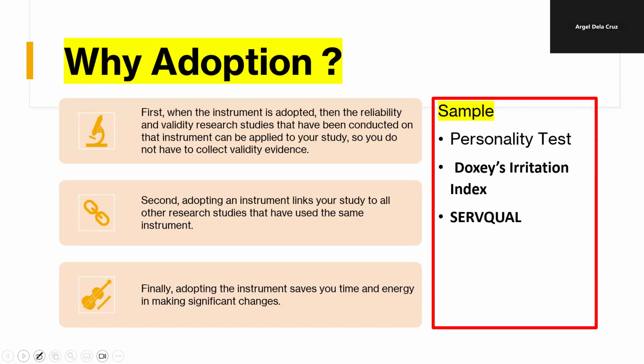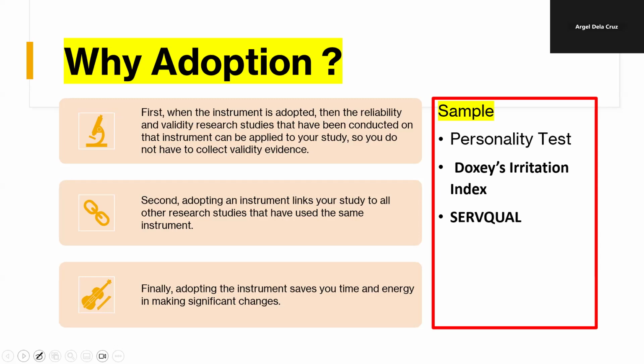Okay, why adoption? Adoption is basically if we have the same concept that you can find in your review of literature, the same idea, the same research framework, and of course the same variables, and there is an instrument for that. For example, what is the personality profile of tourism students for a batch?